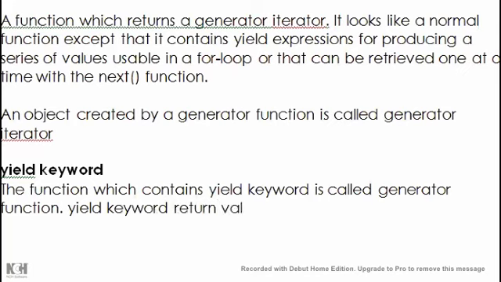It returns a value. Generally, a function returns a value by using which keyword? The return keyword. But a generator function returns a value using which keyword? The yield keyword.